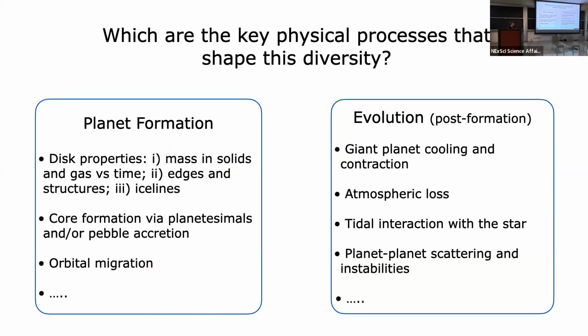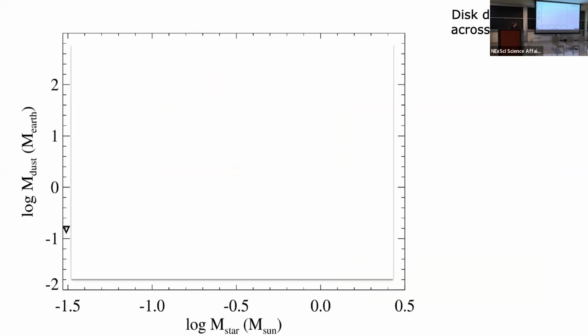So I want to motivate the reason why you want to look at observations covering a large range in stellar masses by looking at this first box, at the planet formation, and in particular at the disk properties, something that I've done quite a bit in the past. So here at the moment is an empty plot.